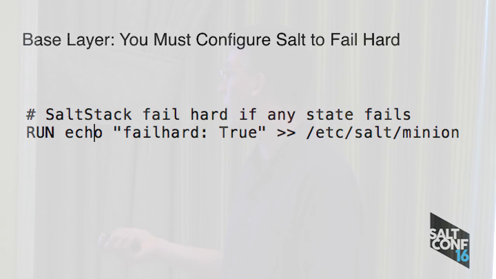This line does that. It's a little crufty. I think FlyingCloud would be better if it did this for you, but we haven't yet figured out exactly how to do it. So it's up to you to put this in the base layer Docker file.